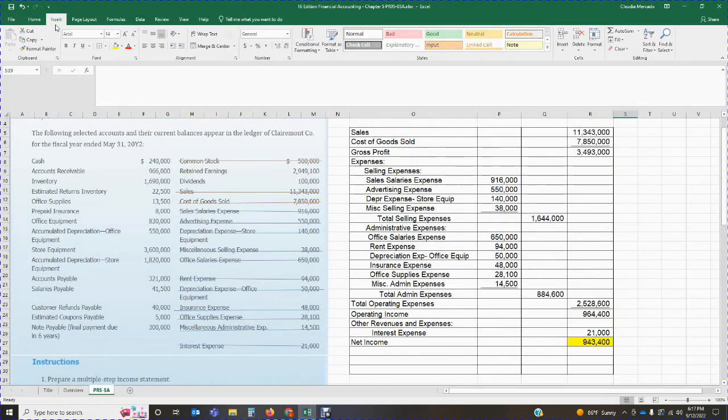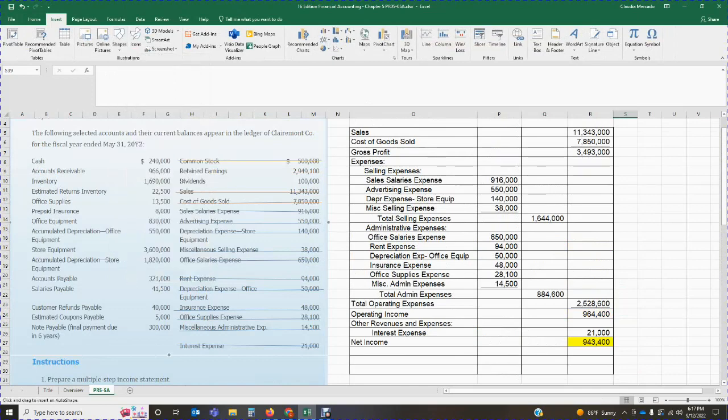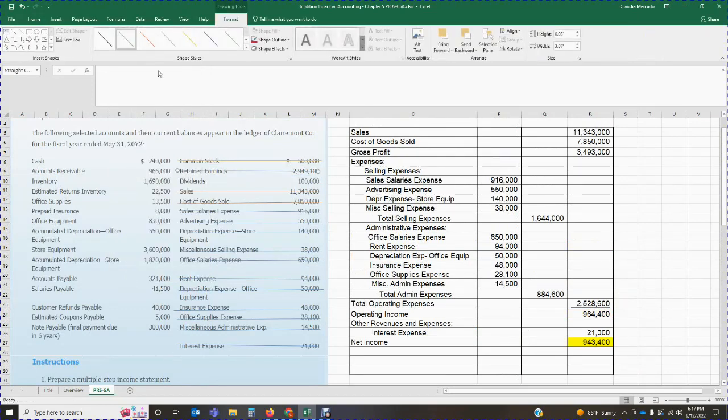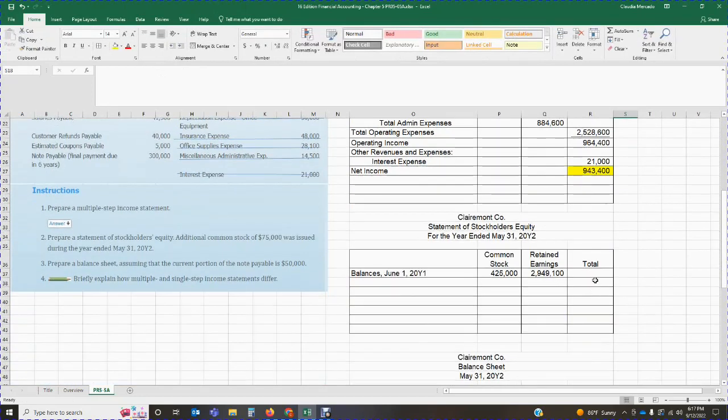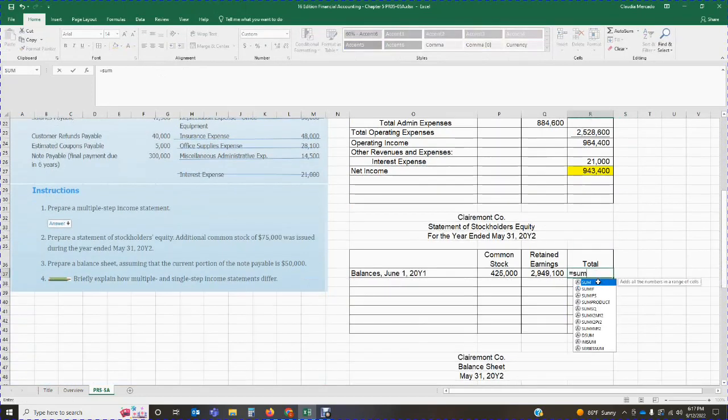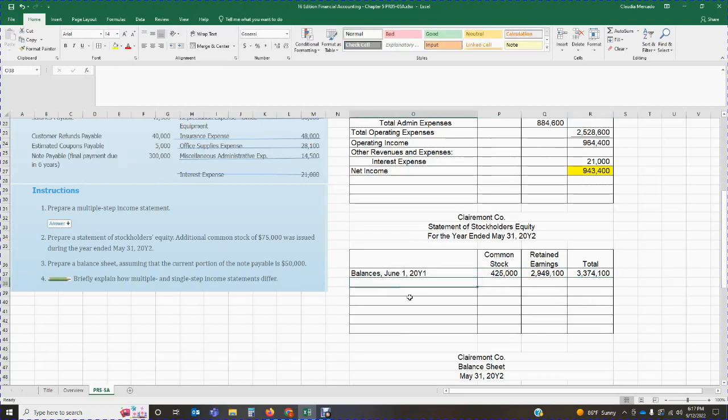So we're going to use that one, and let's mark it off. And then we're going to get our total. We're going to add those two numbers together, and that's going to give me $3,374,100.